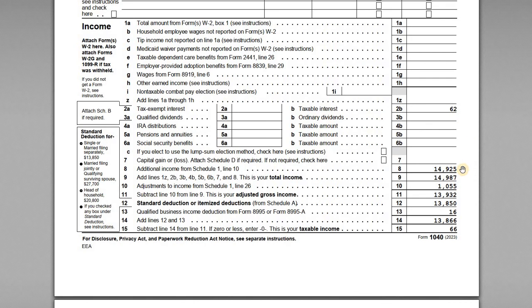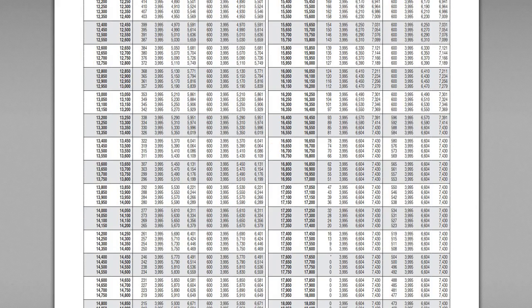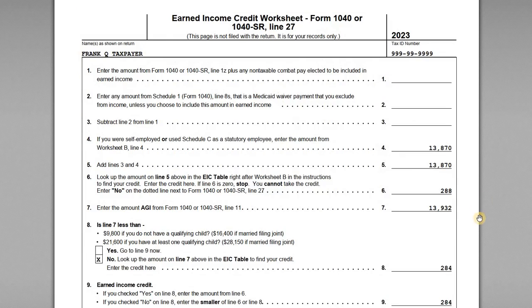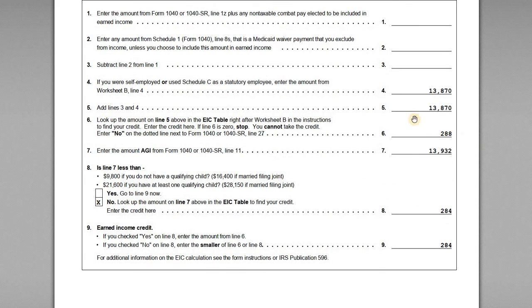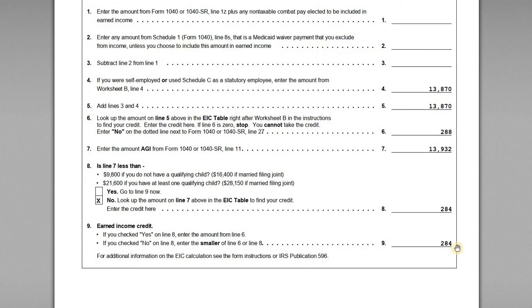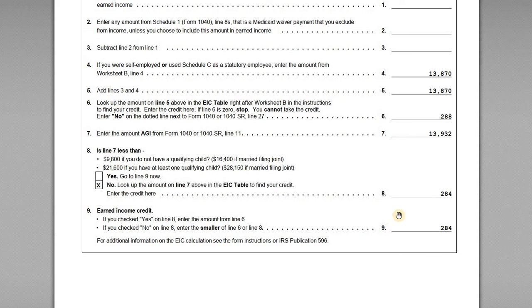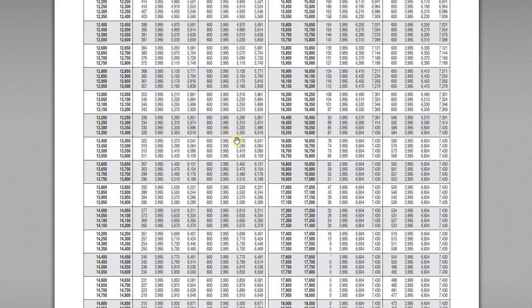We added up the profit from our Schedule C business, and then we had a deduction for that 1/2 of the self-employment tax, right? So the net AGI for us is $13,932. So line 7, $13,932. And now we go back to the tables again and look up that $13,932 amount.